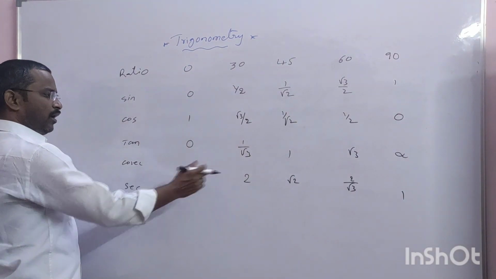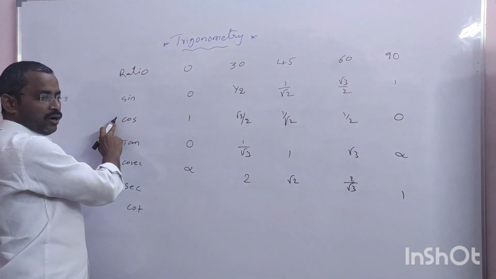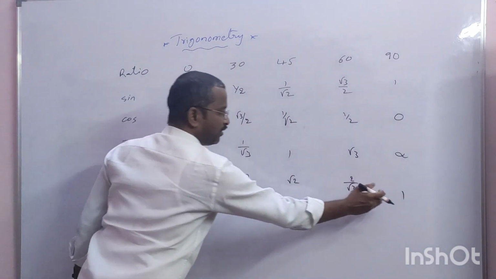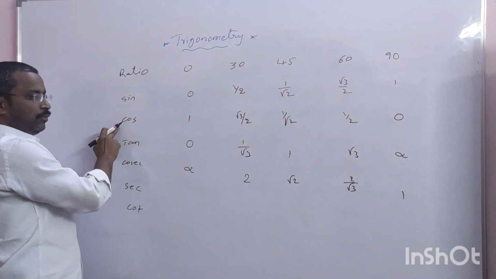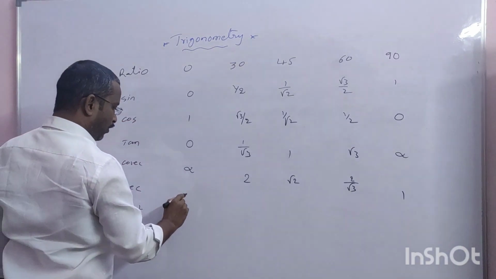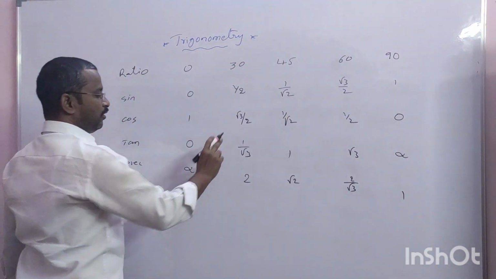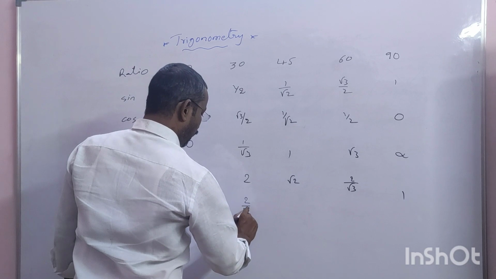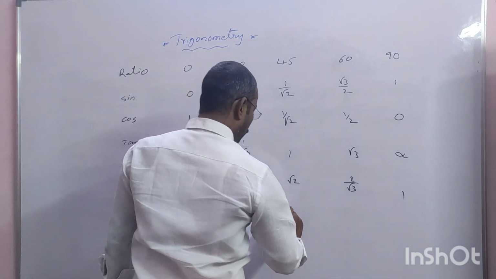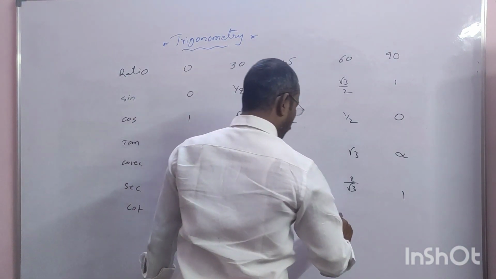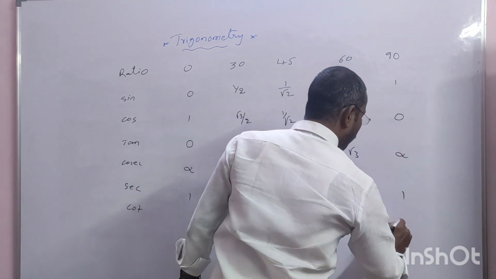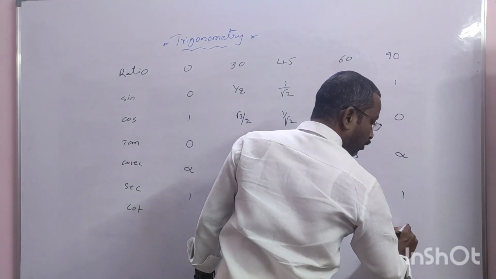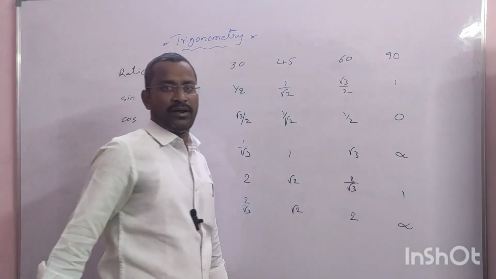Next, sec means the reciprocal of cos. Two options: either write it from right to left, or take the reciprocal of cos. Reciprocal of 1 is 1, of root 3 by 2 is 2 by root 3, of 1 by root 2 is root 2, of 1 by 2 is 2, of 0 is infinite or undefined.